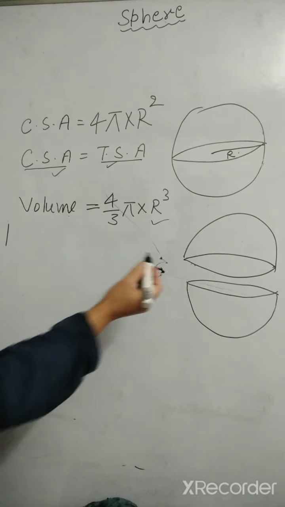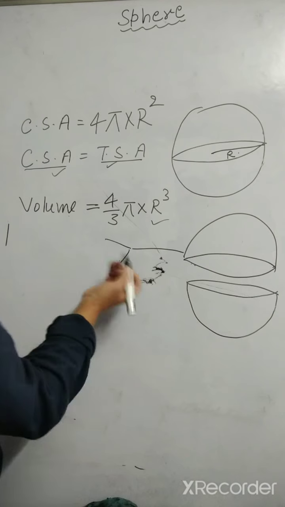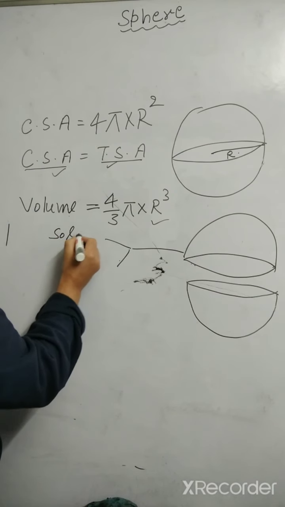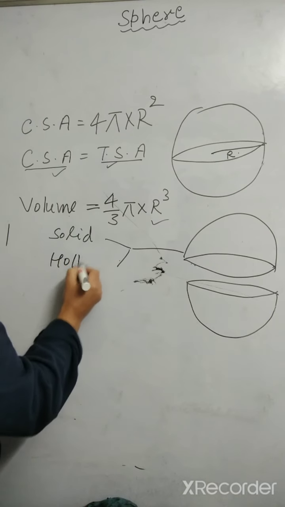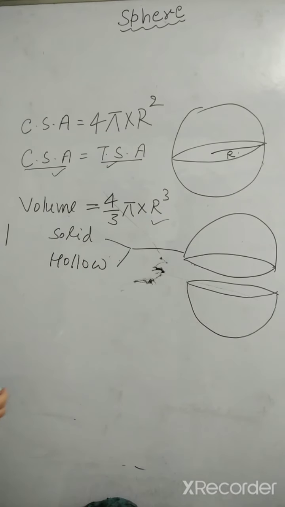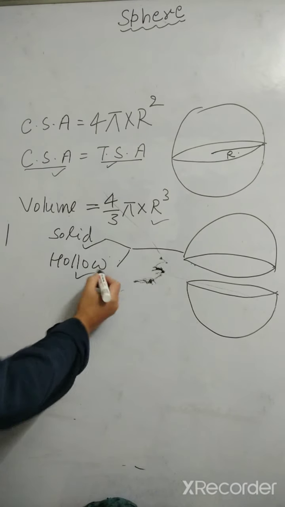Now I'll tell you how to find the curved surface area and total surface area of this hemisphere. Got it? Now this hemisphere I can divide into two parts. First part is the solid hemisphere. Second part is hollow hemisphere, right? So I'll tell you about solid hemisphere also and hollow hemisphere.